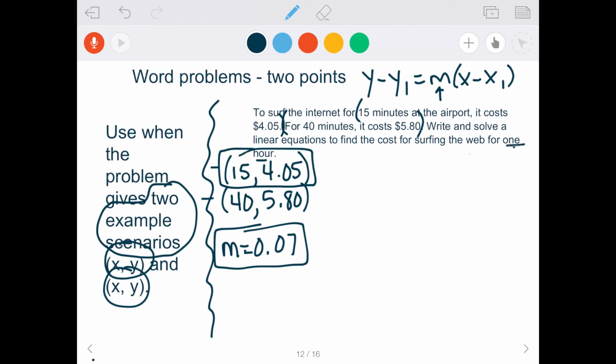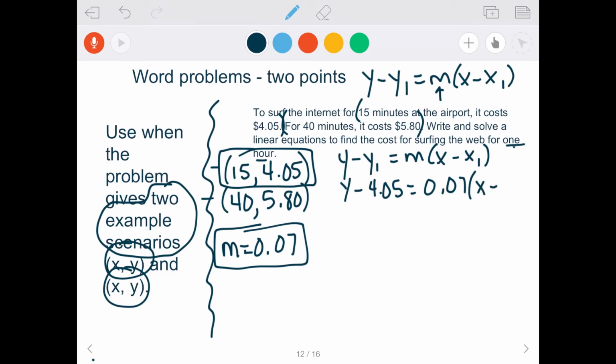So we have to do our y minus y1 equals slope times x minus x1. This kind of problem takes the most writing. It's kind of annoying, but it is what it is. Oops, I wrote the wrong thing. So 4.05 is my y, 0.07 is my slope, 15 is my x.